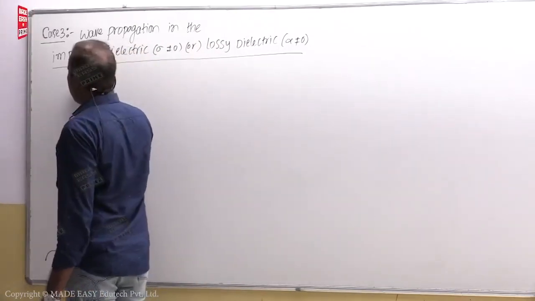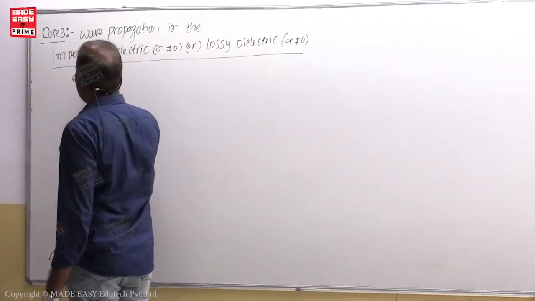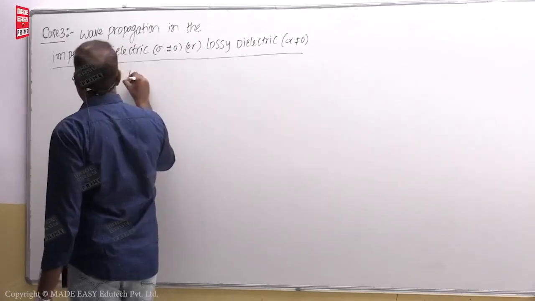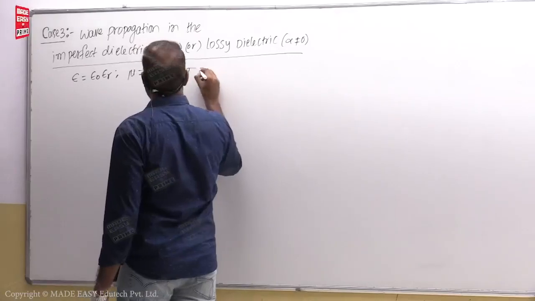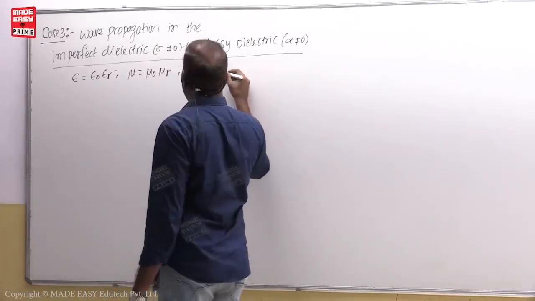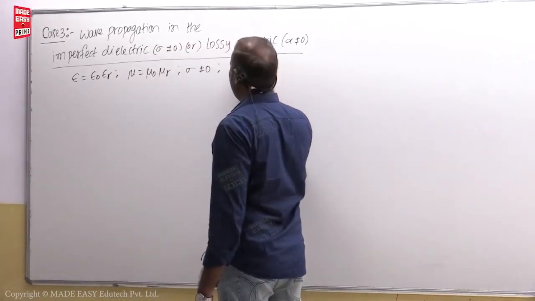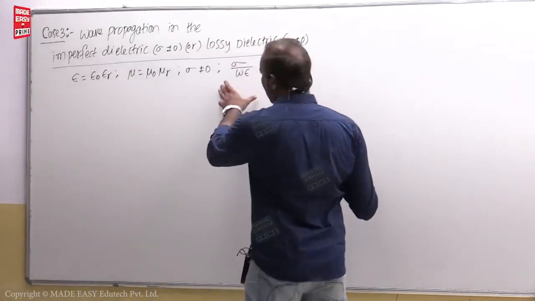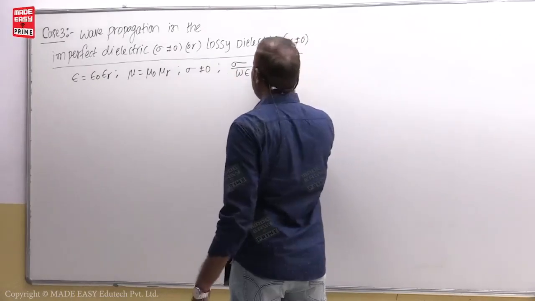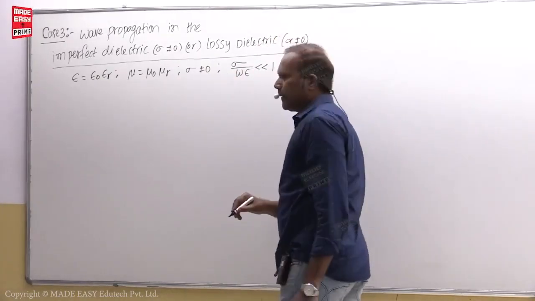Here the medium parameters are like this: epsilon is equal to epsilon naught epsilon r, mu is equal to mu naught mu r, and sigma not equal to 0. But if you calculate the ratio sigma by omega epsilon, it is much less than 1 for this medium.